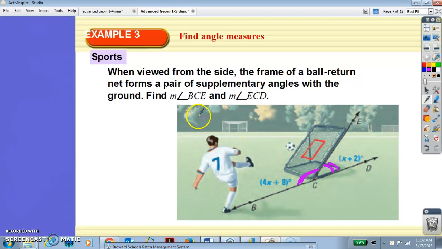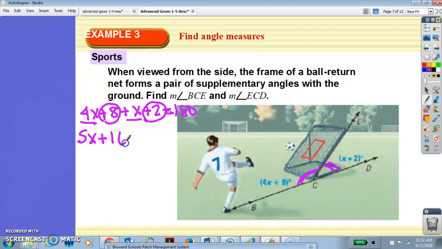The only thing I know is that they equal 180. So 4x plus 8 plus x plus 2 must equal 180. So 4x plus 1x is 5x, and 8 plus 2 is 10. We're just combining like terms on the same side.